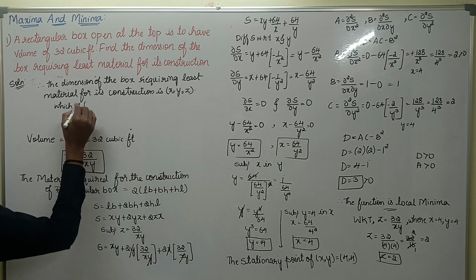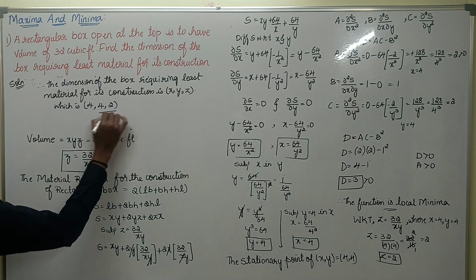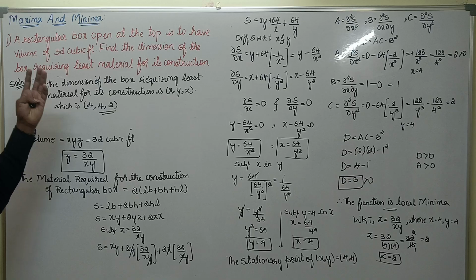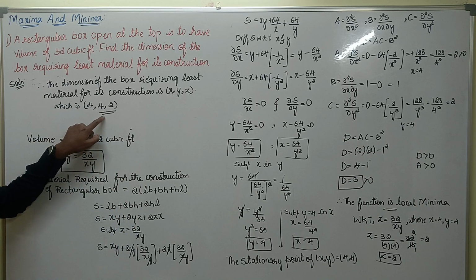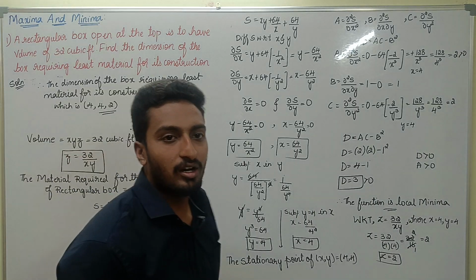What is the value of x? We have got 4. What is the value of y? 4. And z is 2. This is the required dimension to construct a rectangular box when the top is open, that is 4, 4, 2. I hope you have understood this problem.